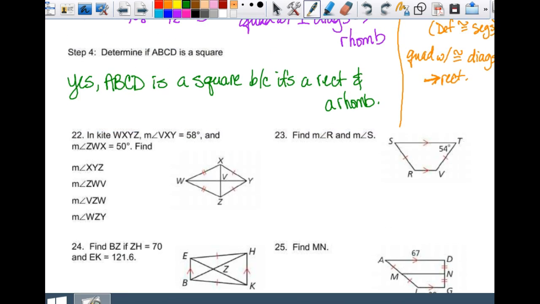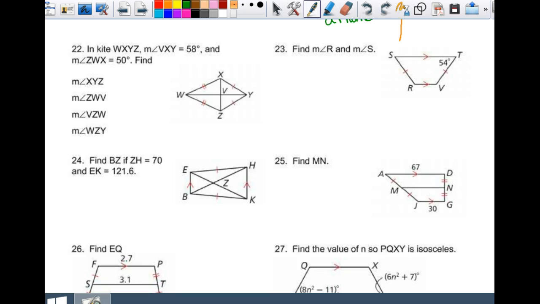Okay. All right, so then kites. Things we know about a kite: we've got exactly two pairs of congruent consecutive sides. We know that the diagonals are perpendicular. We've got exactly one pair of opposite angles congruent, so the non-congruent sides come together to give me the congruent angles.